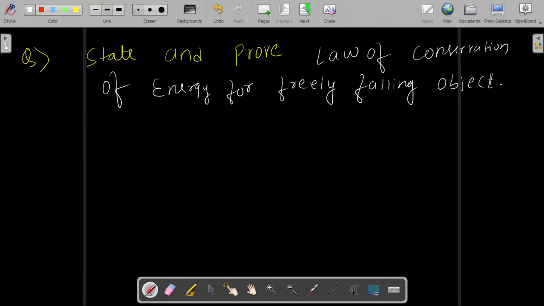So first write down a statement of this law. You know this.